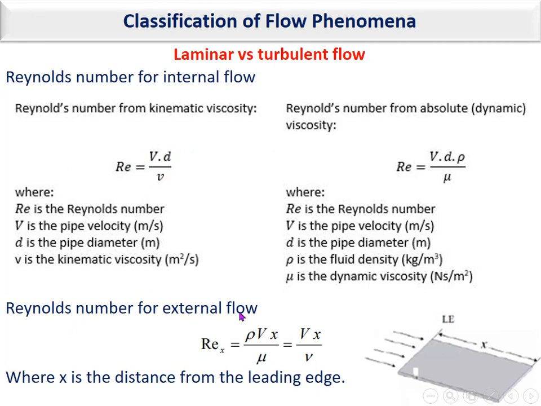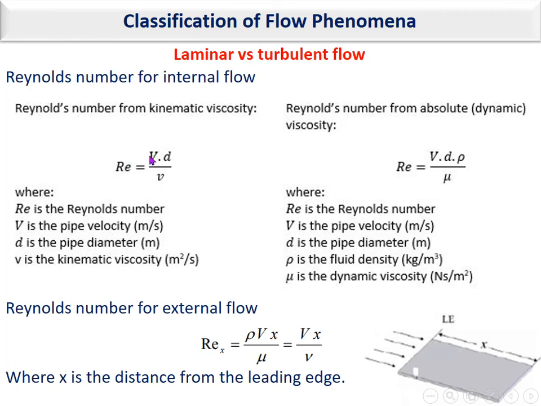For the external flow, Reynolds number is defined as rho multiplied by V multiplied by X over mu, or based on kinematic viscosity, again you can write this. There is an important difference between these two, or actually two important differences.